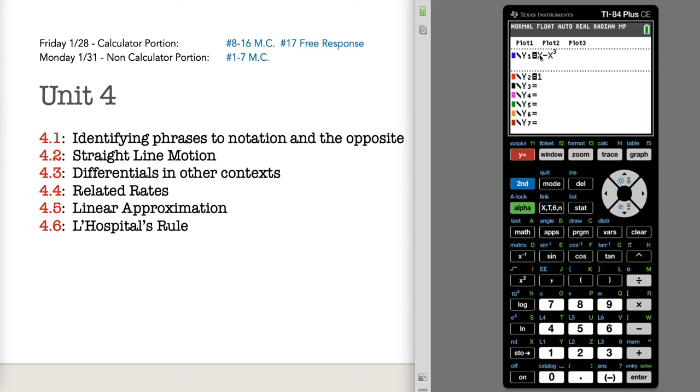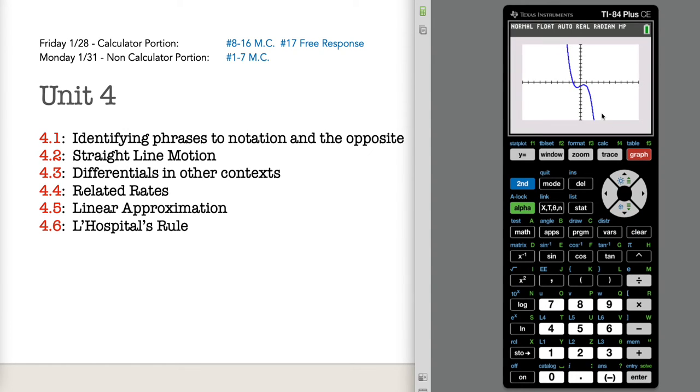I left it this way, not that you have to. I can show you the other way. Why don't I show you the one where it would be minus 1, and then I'm going to erase this one. And now my graph looks slightly different. I want to find where it crosses the x-axis.